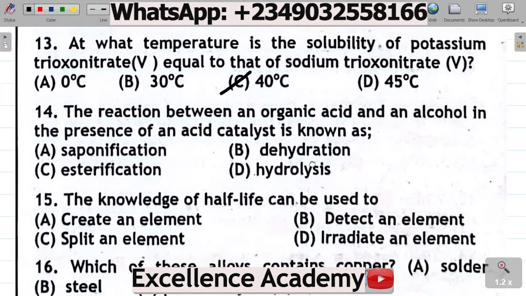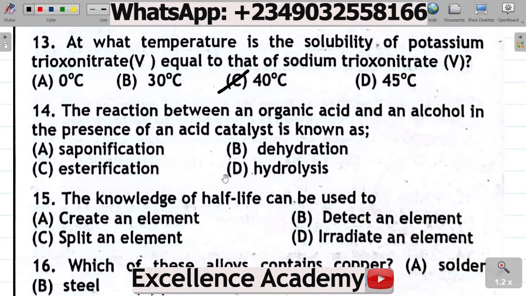All right. Okay, question number 14. 14 says the reaction between an organic acid and an alcohol in the presence of an acid catalyst is known as A, saponification, B, dehydration, C, esterification, D, hydrolysis. Now, for this question, if you look at this, it said organic acid.